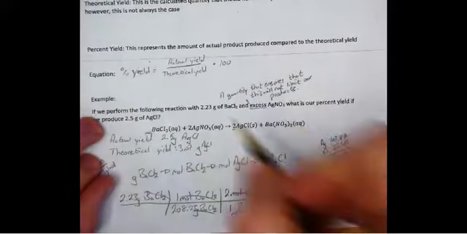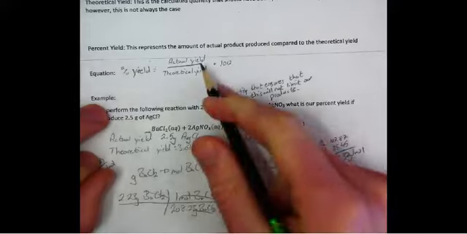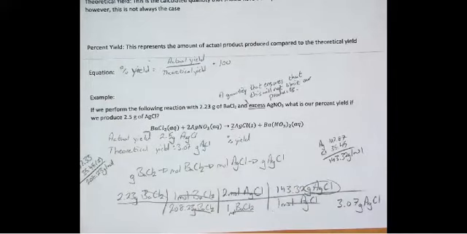Now again, for our equation, percent yield is our actual over our theoretical.